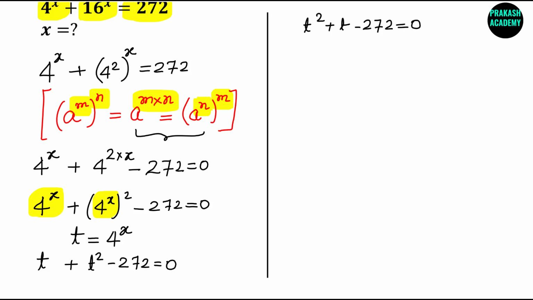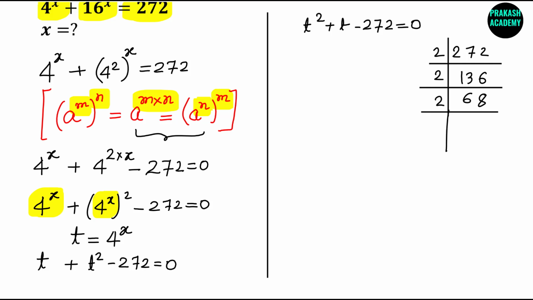So I can factorize 272. Let us factorize here. I can divide by 2, so this will be 136, and then further divide by 2, 68, further divide by 2, 34, and then 2, then I will have 17.